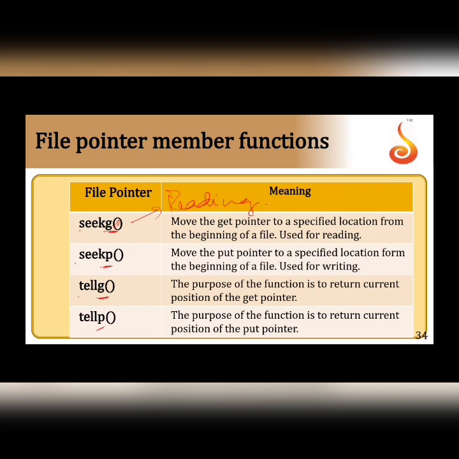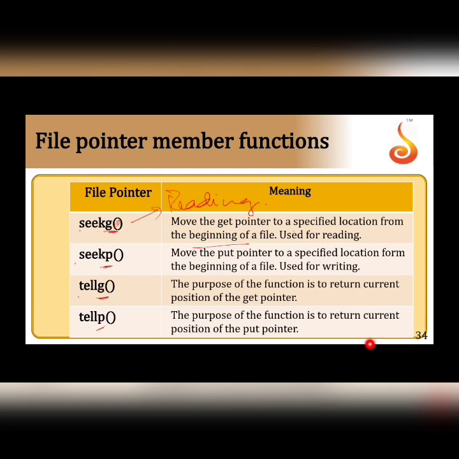And put is associated with writing. You can move from the beginning, from the current position and from the end. When you are moving from the end, it will move backwards. Otherwise, in both the other cases, like the beginning, I need to move forwards.